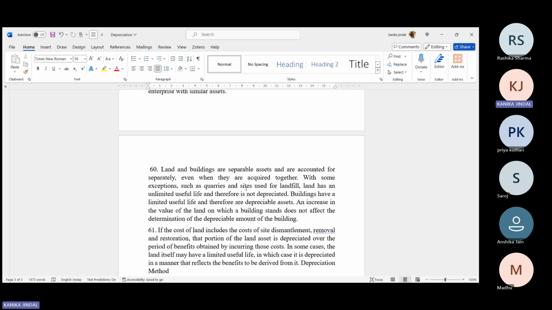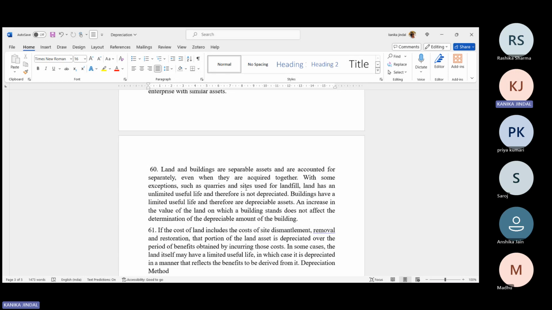Buildings have a limited useful life and therefore are depreciable assets. So there is an important point that land is not depreciated, but buildings are treated as assets having a limited useful life and therefore they are depreciated.